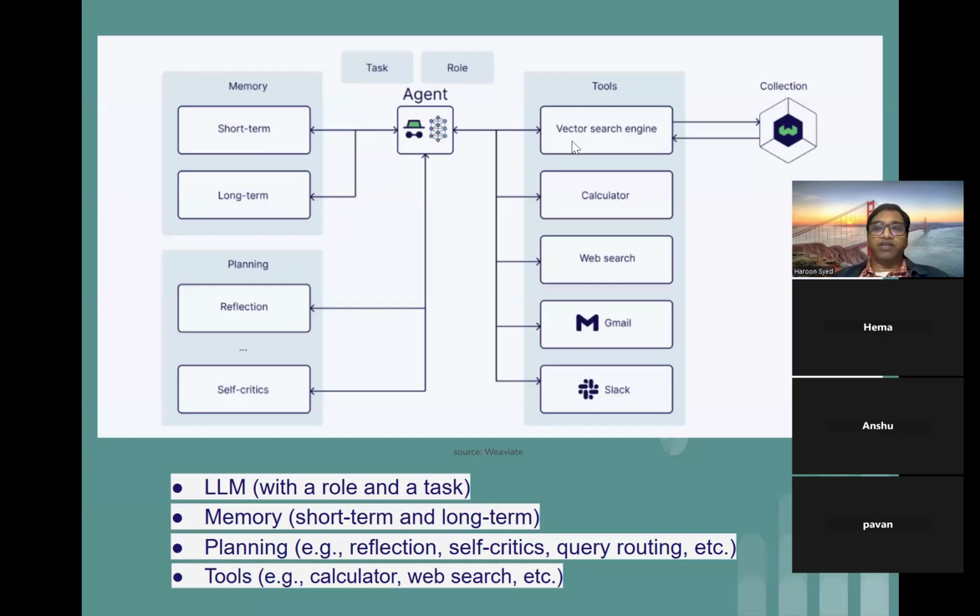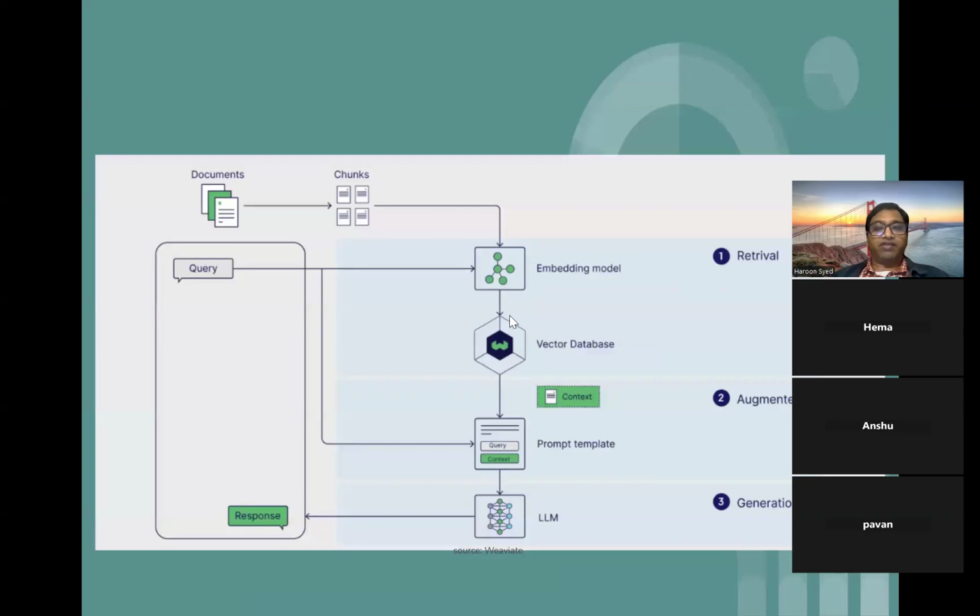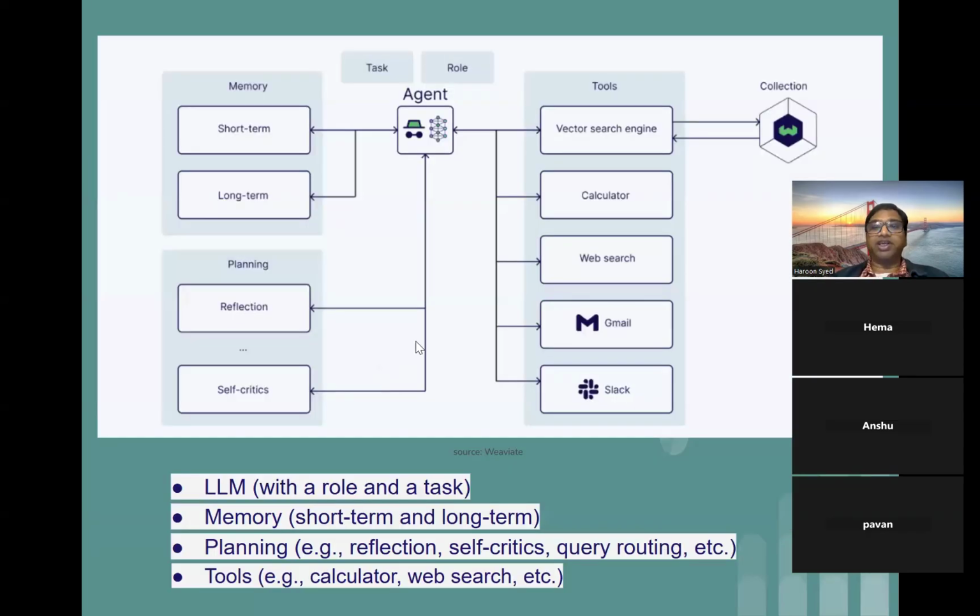And then what are the tools available? Here, the entire RAG part, the vector database, everything, can be one tool available to the agent. When it wants to get information from your company, it can use this vector search engine tool, which can retrieve from your collection, whatever you have.